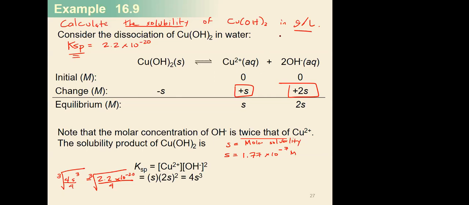As I have told you, the one that's being asked is grams per liter. So what we have is just this. Whatever the problem that we have there, all we need to do is multiply this with what? The molar mass of copper hydroxide. So you have 97.57 grams per 1 mole.